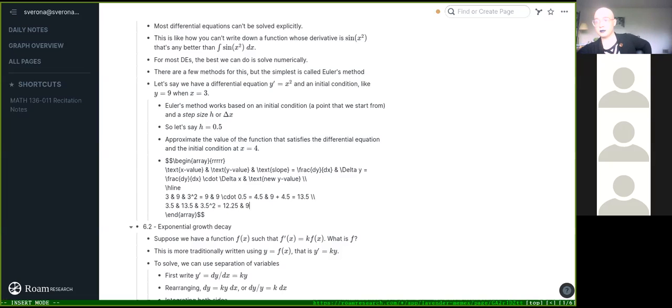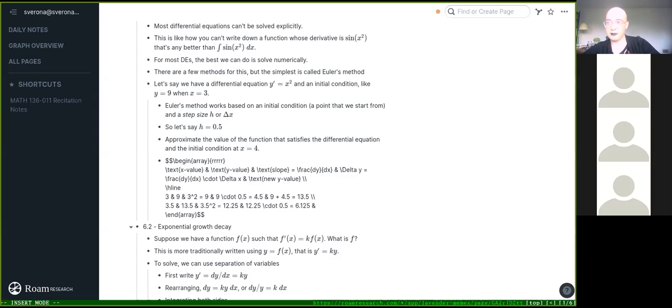So to get my y step size, I take the slope and multiply it by the x step size. That's going to be 12.25 times 1/2, which is 6 1/8.